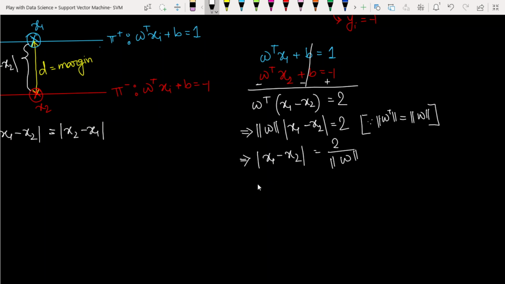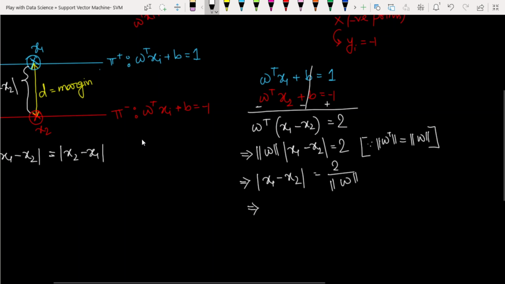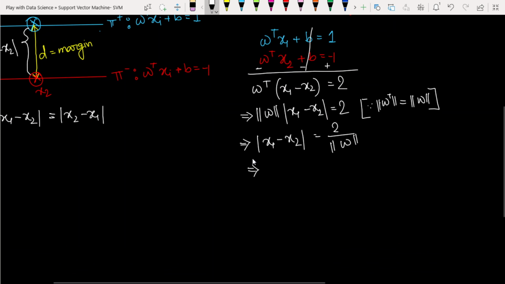This we call our margin, and this is actually our D.